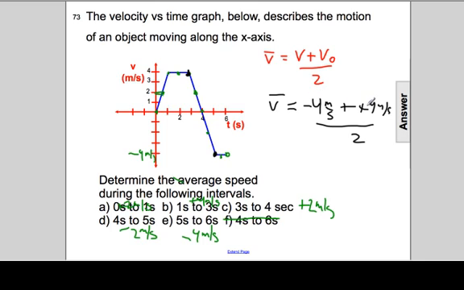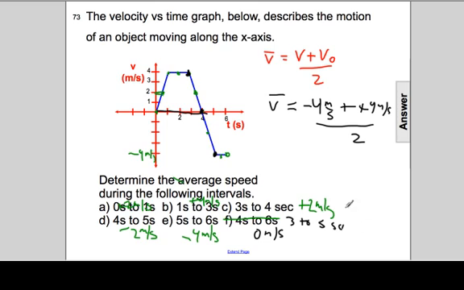Negative 4 and positive 4 will give us 0. 0 divided by 2 will give us 0. That middle value for velocity is going to be 0 meters per second when we're considering this special interval that has just been defined between 3 and 5 seconds.